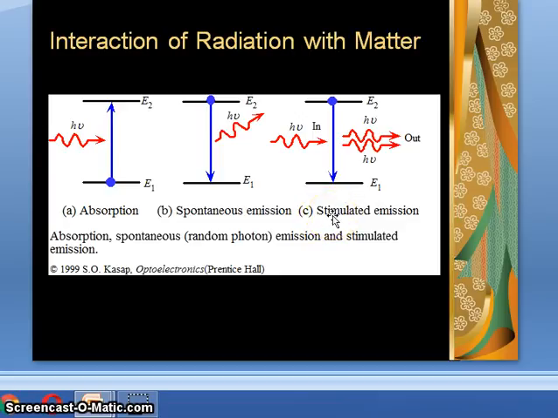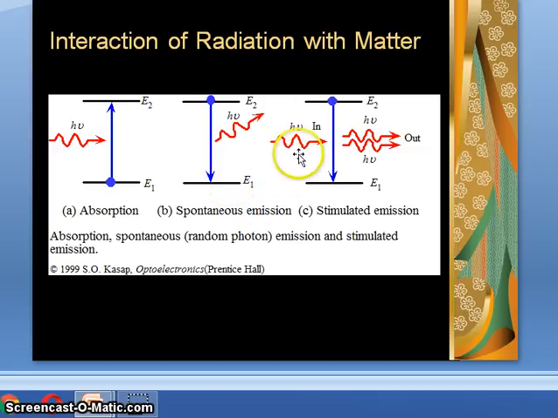In absorption, the atom jumps to the higher energy state by absorbing the energy h nu. In spontaneous emission, the atom jumps to the lower energy state by emitting the energy h nu.